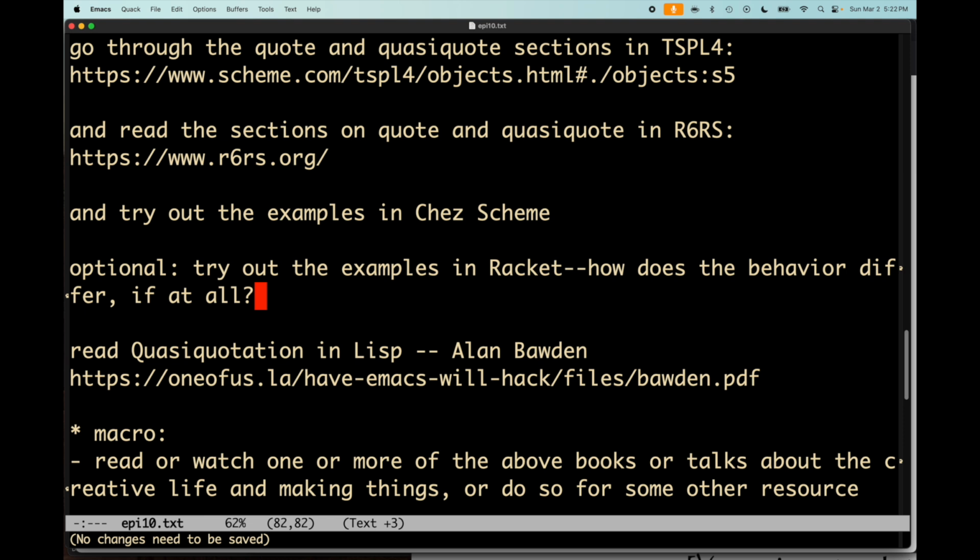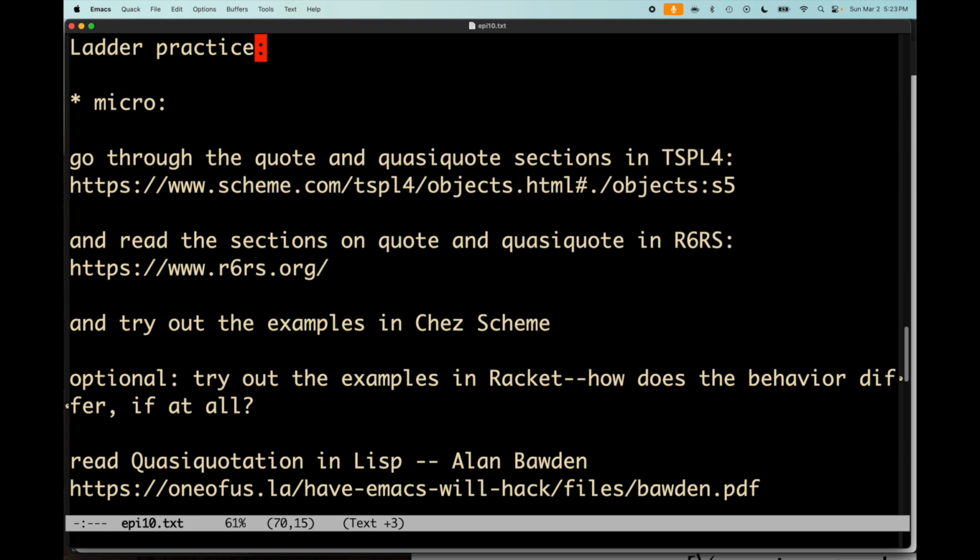You can change how the printer works so that the quote you get back is suppressed, and so it behaves like it does in Scheme. So you can figure that out or not. Or you could just get used to reading it the Racket way, but just be aware that Racket does print out these quoted values differently than ShaScheme does.